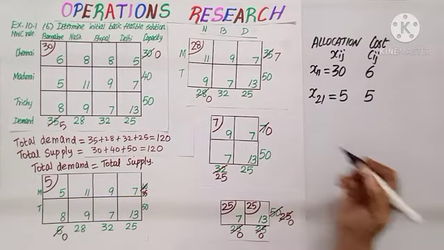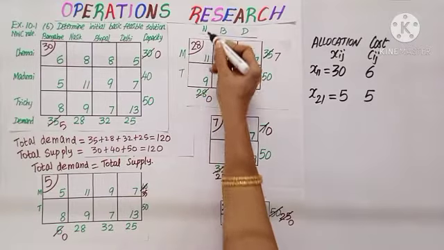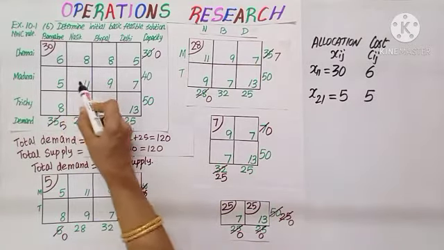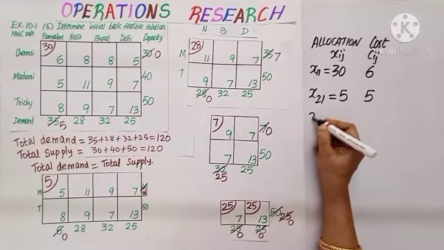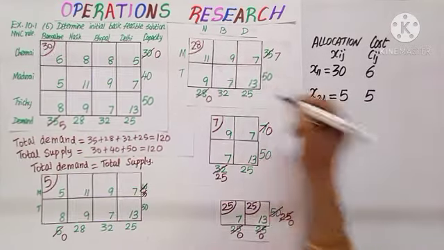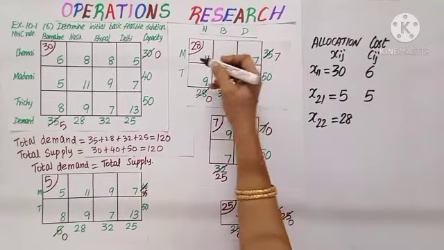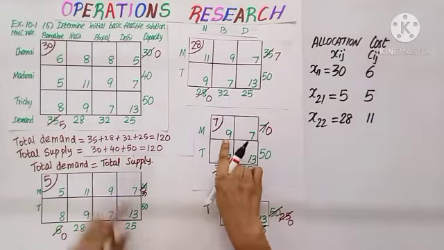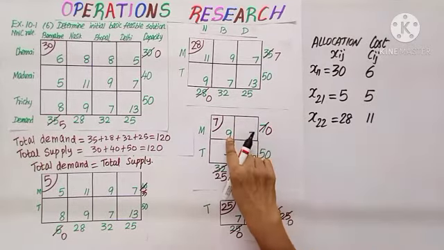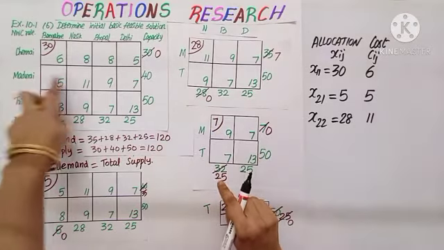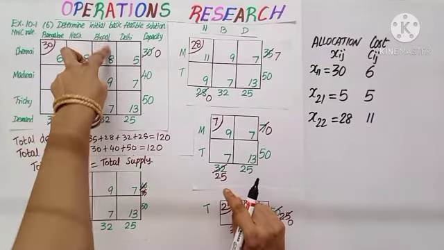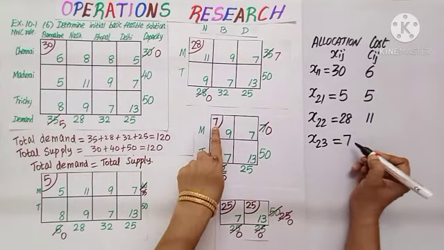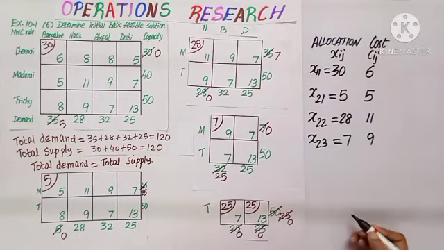The next allocation, Madurai to Nasik, that is second row, second column, X22, 28, and the cost is 11. The next one, Madurai to Bhopal, second row, third column, X23, allocation is 7, cost is 9.